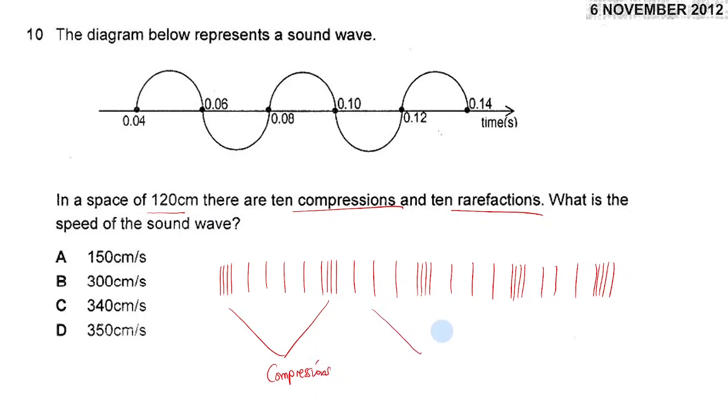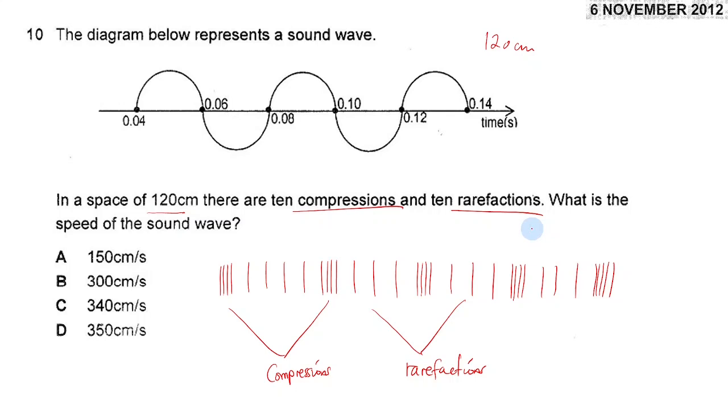Then these regions where particles are not very close to each other are what we call rarefactions. Okay, so now they're telling us that in a space of 120 centimeters, you find that in that space there are 10 rarefactions and 10 compressions.